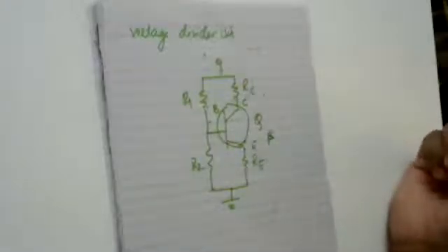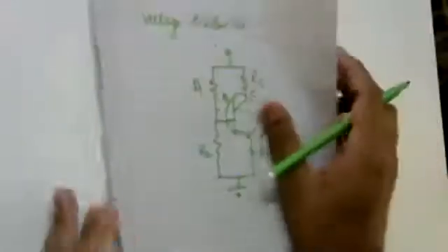Now I want you people to answer me. When I compare my voltage divider bias circuit with the two configurations that we have discussed, both the first one as well as the second one, what's the difference you're finding here?